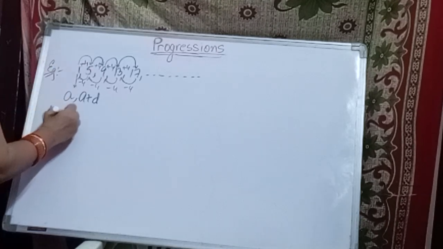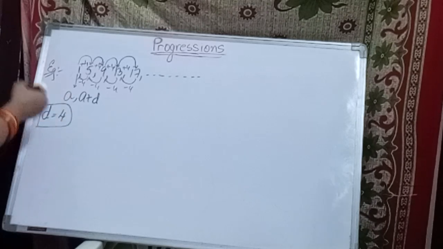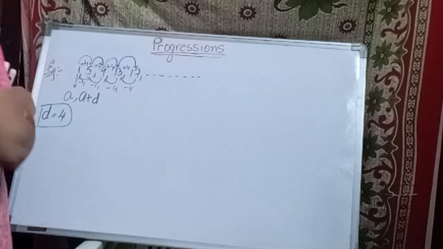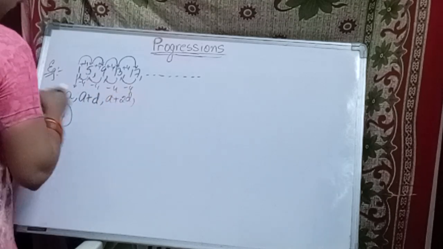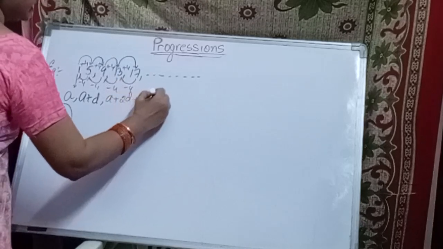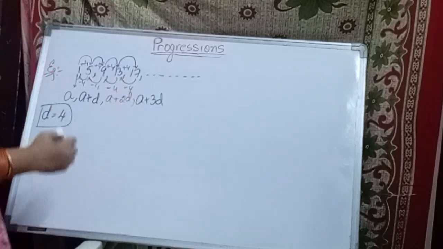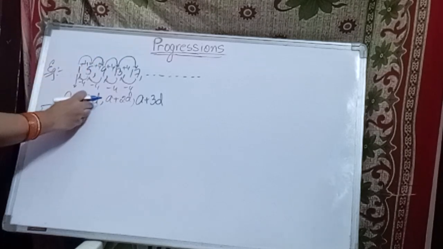D is equal to 4. Okay? D is equal to 4. A plus D, comma, A plus 2D, comma, A plus 3D. Yes, as the terms go on, the coefficient of D is increasing, right?